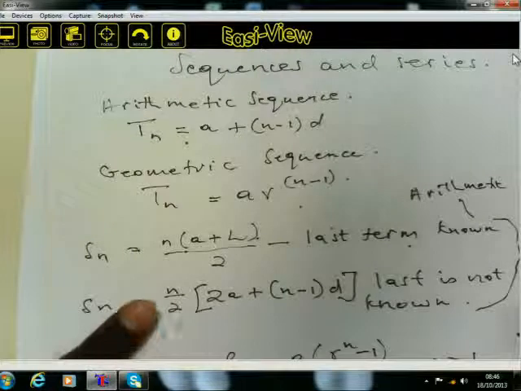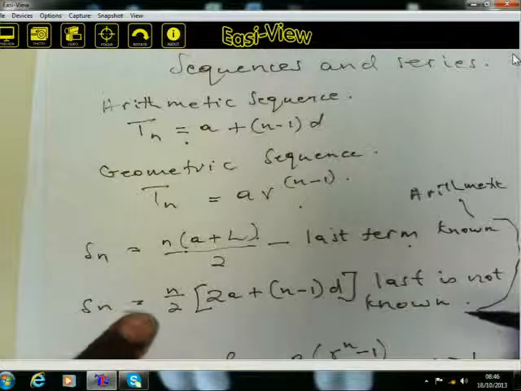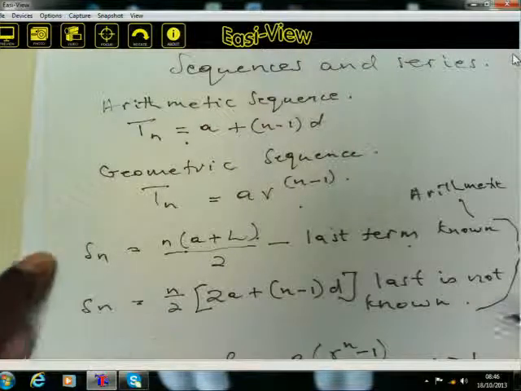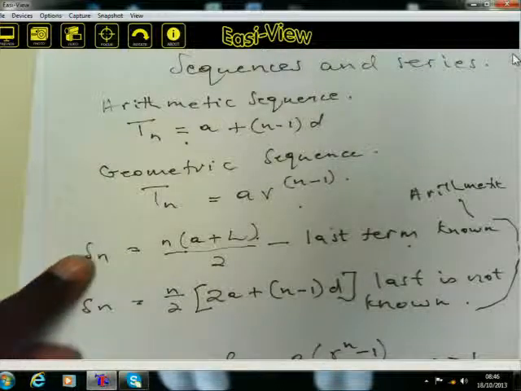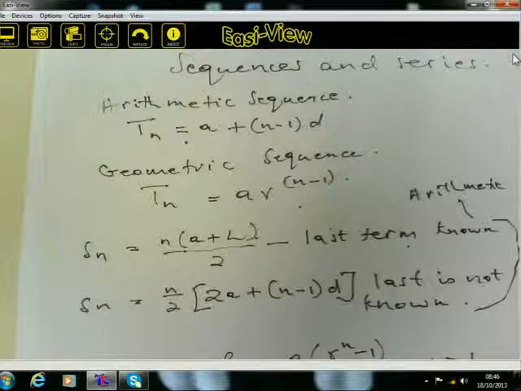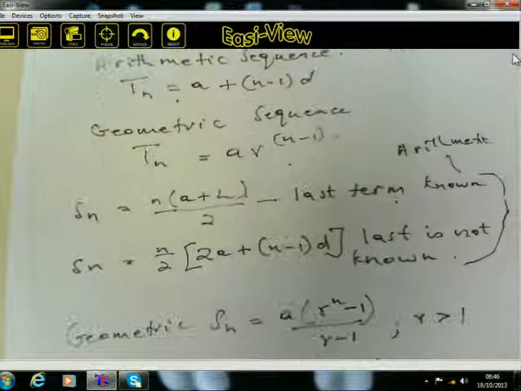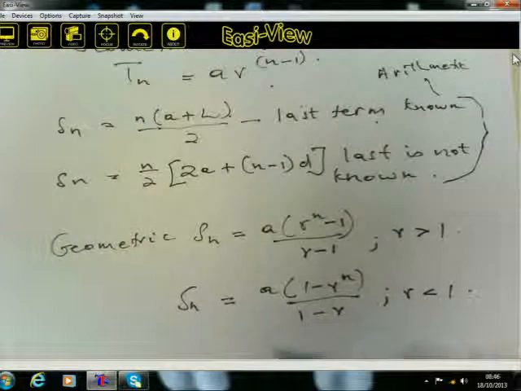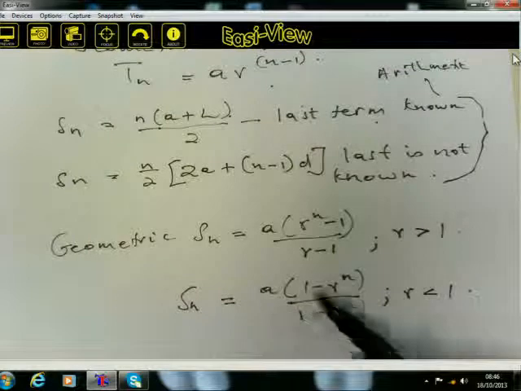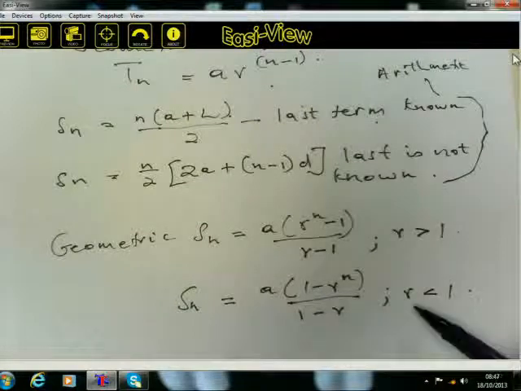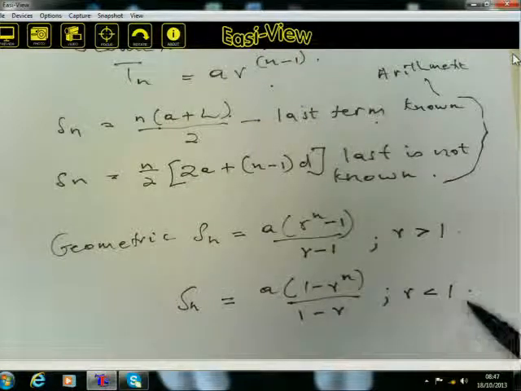And then Sn is equals to n over 2 into 2A plus n minus 1 times D when the last term is not known. Now, something geometric in the case of series, Sn is equals to A into r to the power n minus 1 all over r minus 1 where r is greater than 1. Right? Now, Sn is equals to A into 1 minus r to the power of n all over 1 minus r when r is less than 1.